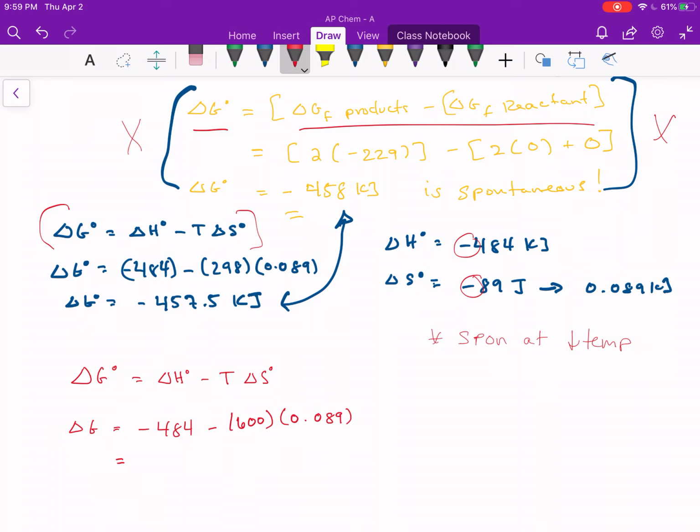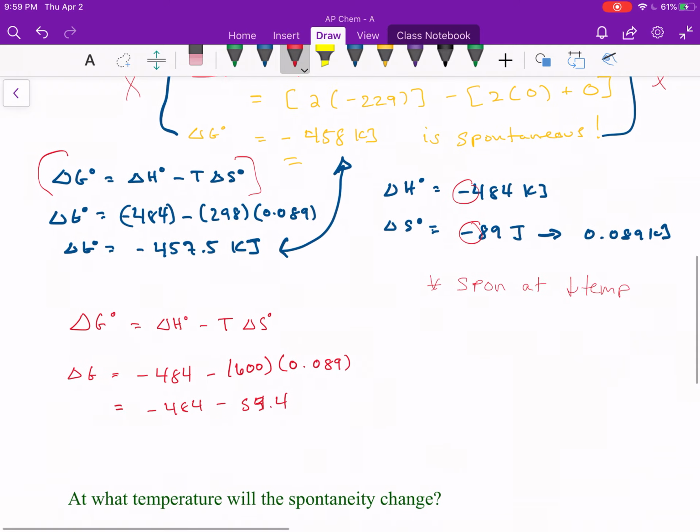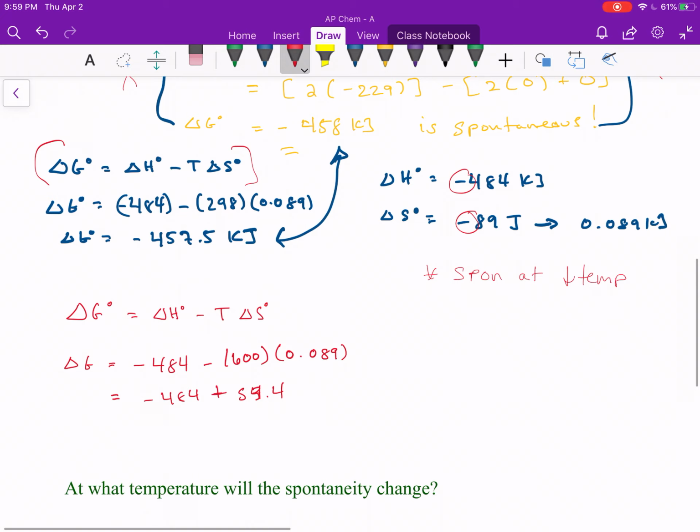So that's going to be negative 484 minus 53.4. That's actually a positive sign.